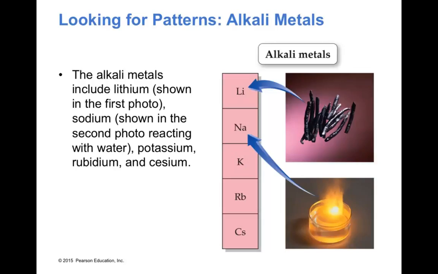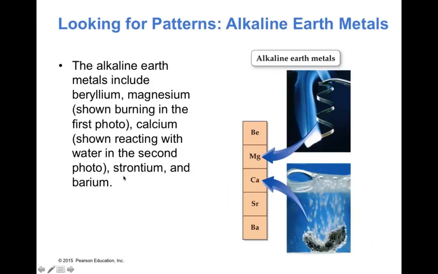The alkali metals include lithium, this one that we can see here, as well as sodium, potassium, rubidium, and cesium. The alkaline earth metals include beryllium, magnesium, right this one here, calcium, strontium, and barium. As you can see, they are pretty reactive.